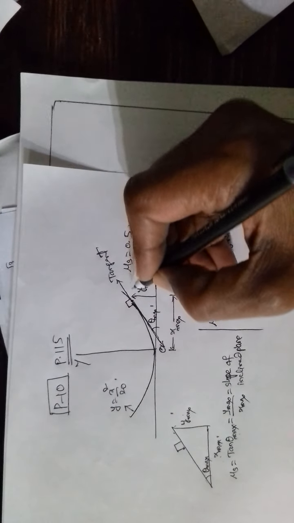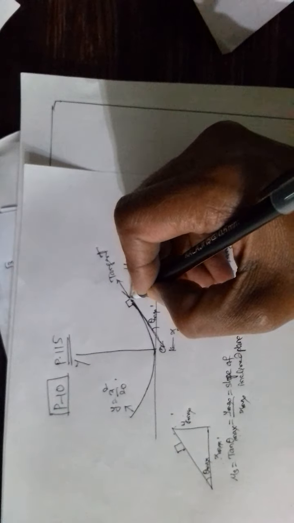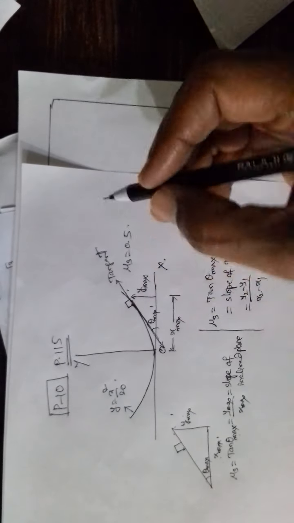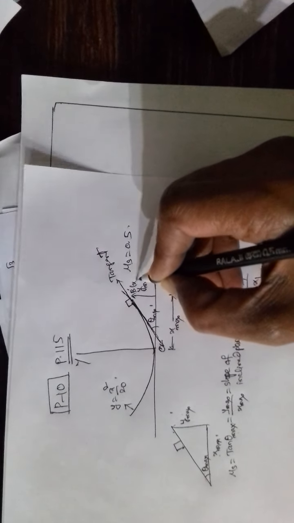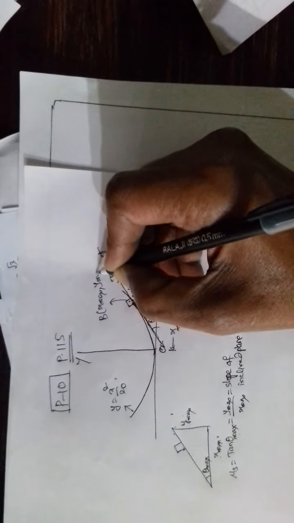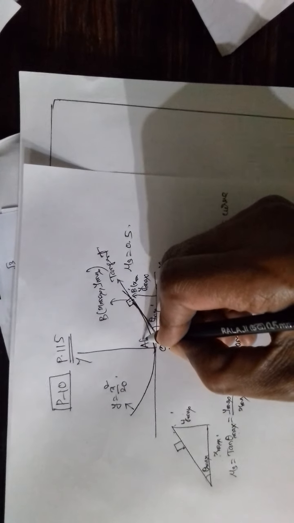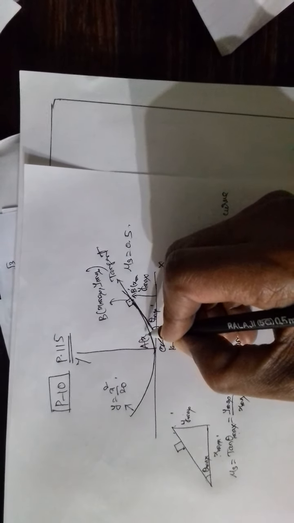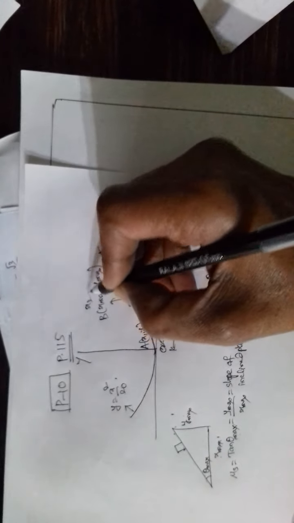See, this point is B, x maximum comma y maximum, and here A, x1 y1, or say it is x2 y2.